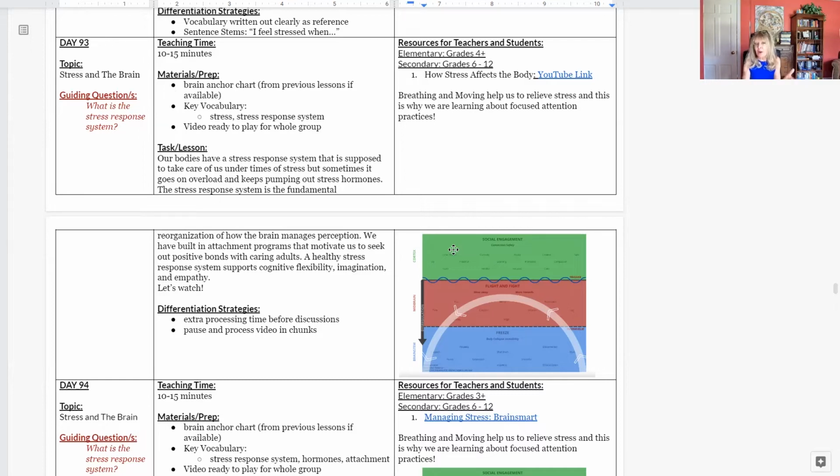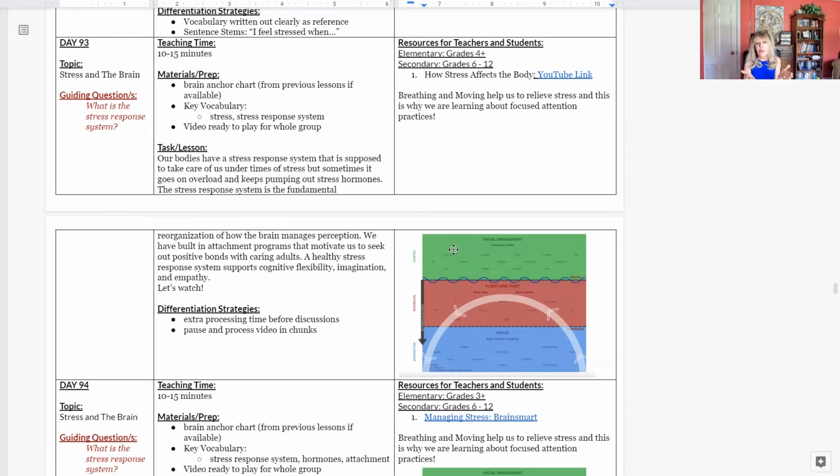So we start with a brain anchor chart that we shared in the previous lesson. We introduce new vocabulary words. How cool is that, that our students understand that the anxiety they feel in their bodies is about their limbic system or about their prefrontal cortex going offline, or about their nervous system producing too many neurochemicals, so that they are feeling that rapid heartbeat or they can't get a deep breath.